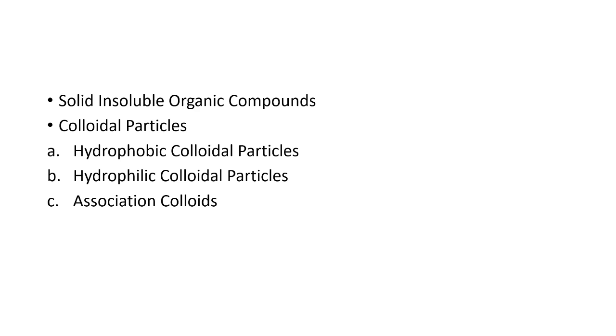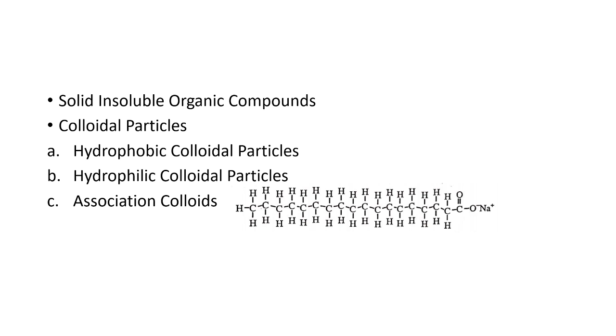That is one kind of association colloid. Here, due to the phase-transfer kind of nature of some substances, they get associated with each other in hundreds or thousands, and that is called association colloids. You can see the structure of soap here. This is the big R group, which forms the non-polar part, and this is the polar part.